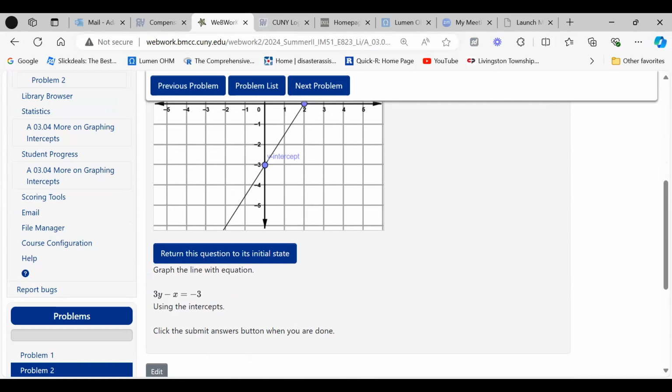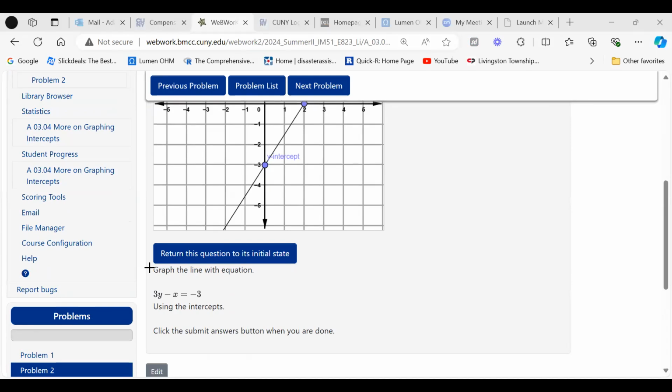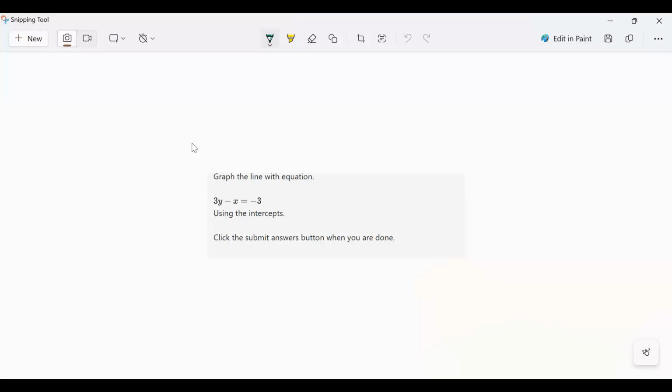So two problems here. First of all, graph this using the x- and y-intercepts. Then turn it into slope-intercept form and graph using the y-intercept and slope. Let's give it a shot. Let's try the first one using the x- and y-intercepts.